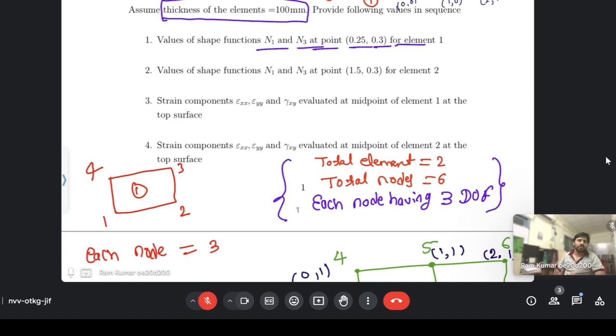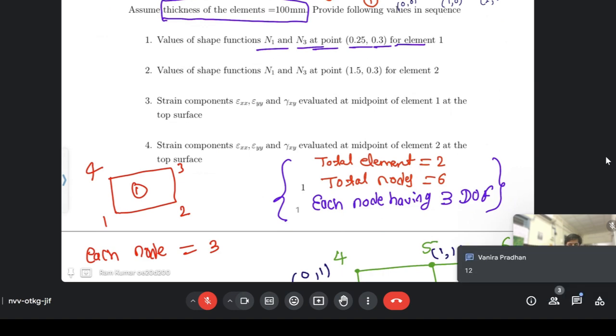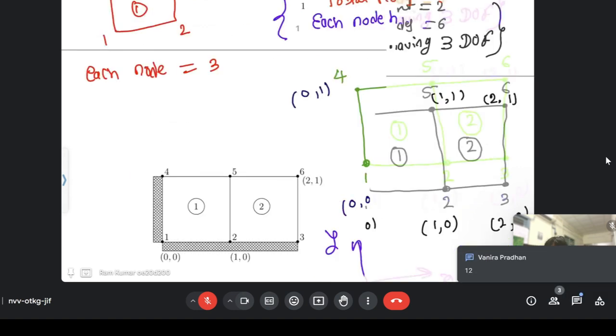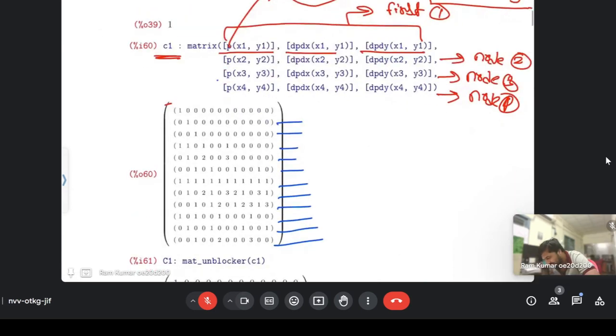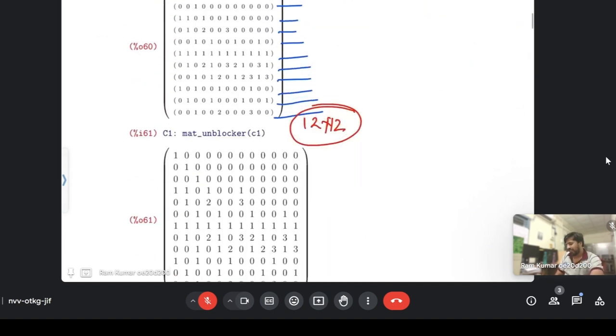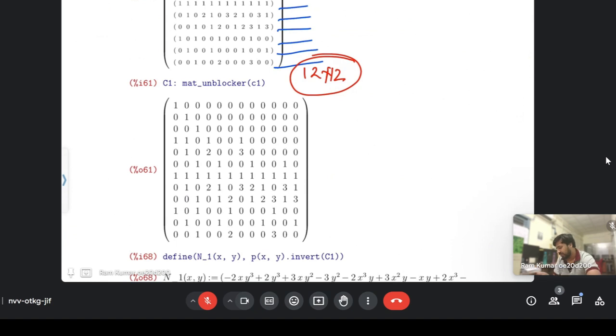So what will be the size of the stiffness matrix? 4 into 3, it will be 12. That's why we are getting 12 cross 12 here. This rule is applicable everywhere. So this will be our final matrix. Hopefully you got it. This is our final C1 matrix.